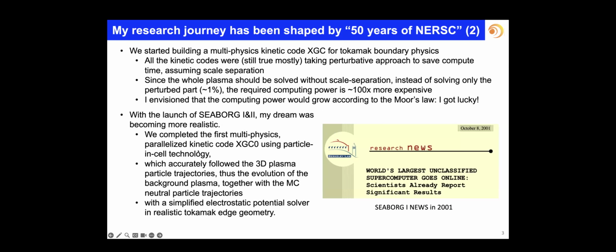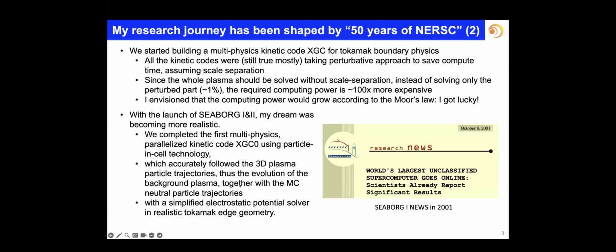We rapidly completed the first multiscale physics code, which was parallelized, and we called it XGC0, the first one, using particle-in-cell technology. As you can see on the right-hand side, this was research news, and that was big news among people like me. That was 2001.